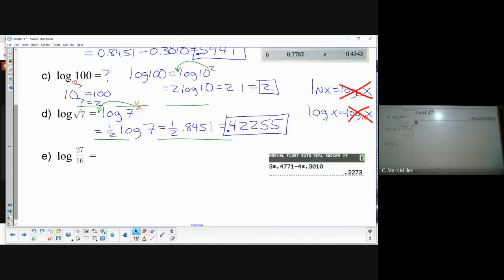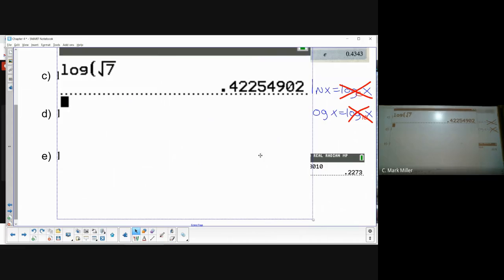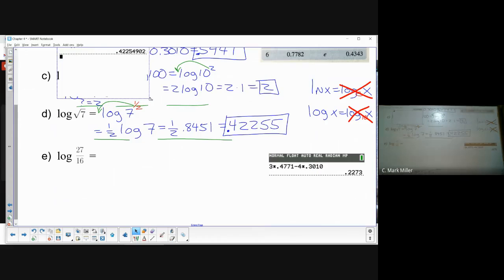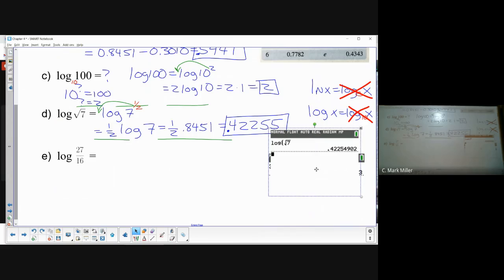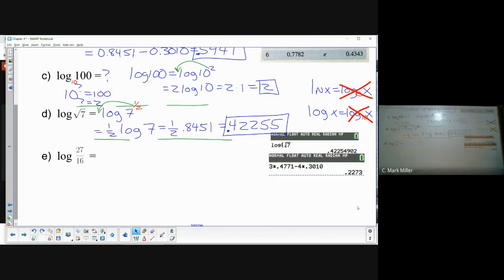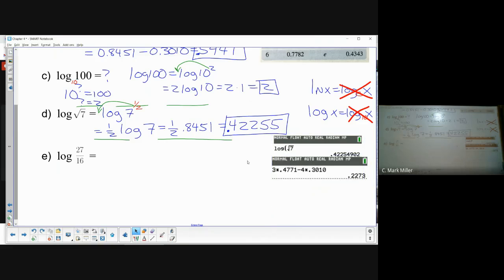So, over here. How about this one here? Log 27/16, that's log 27 minus log 16. 27 and 16 are not on our little table, but these are even powers of 3 and 2.